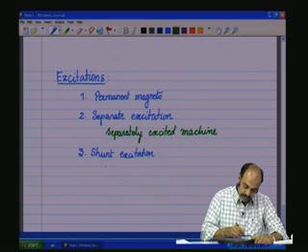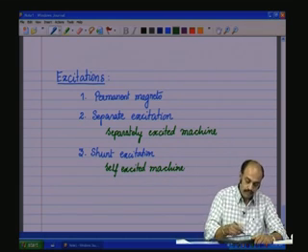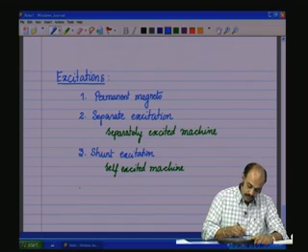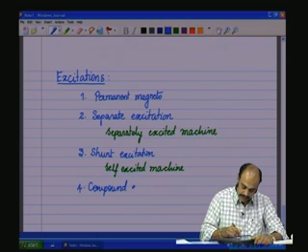This machine is also called a self excited machine. And then we have a few forms of compound excitation.